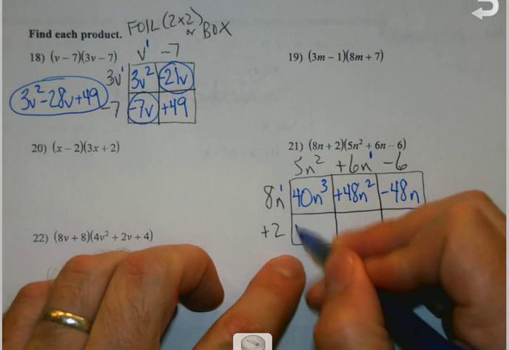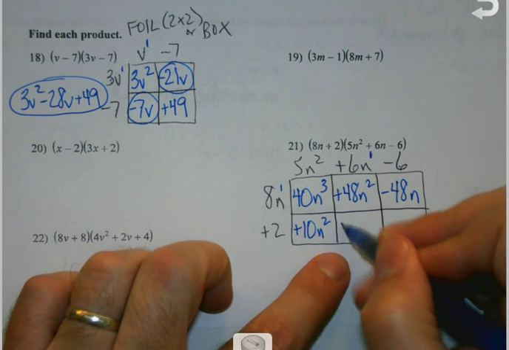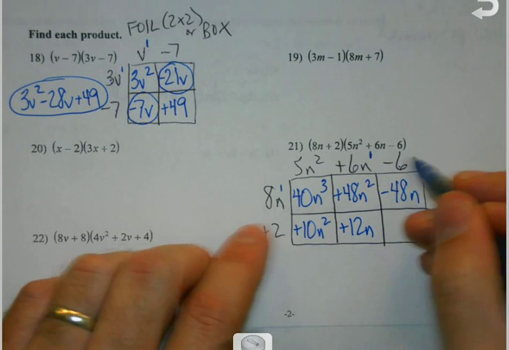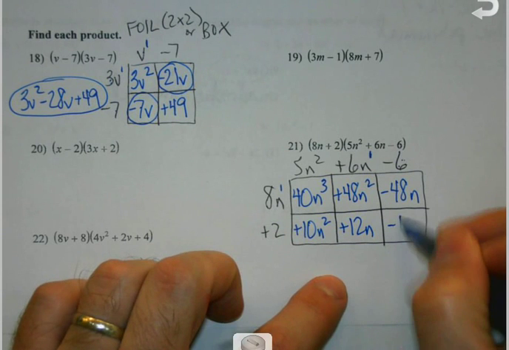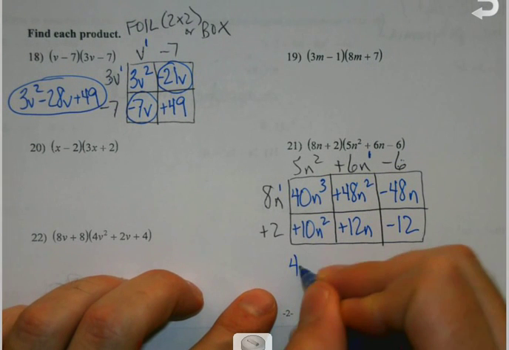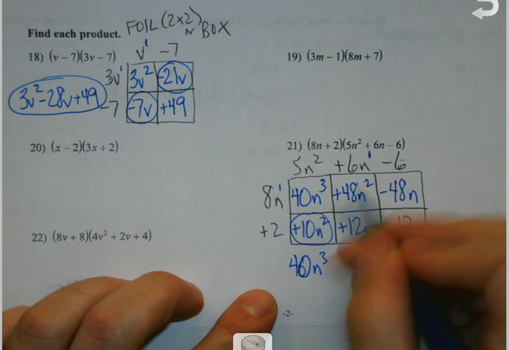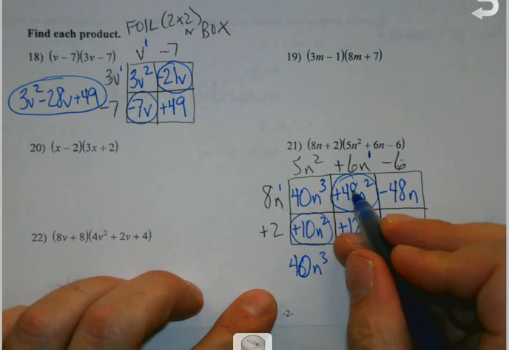And I'm just working my way through. And like I said, the nice thing with this is that if I start in the upper left-hand corner, all my like terms are going to be lined up for me.